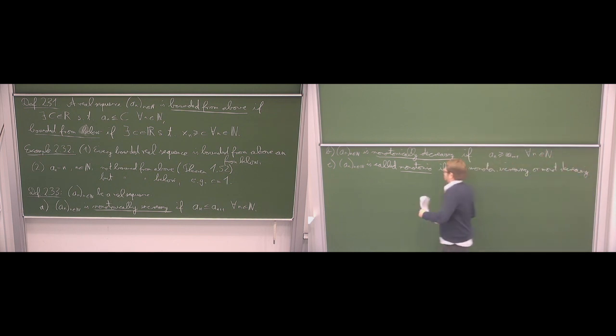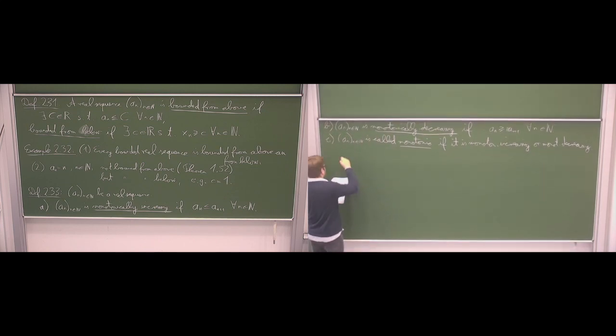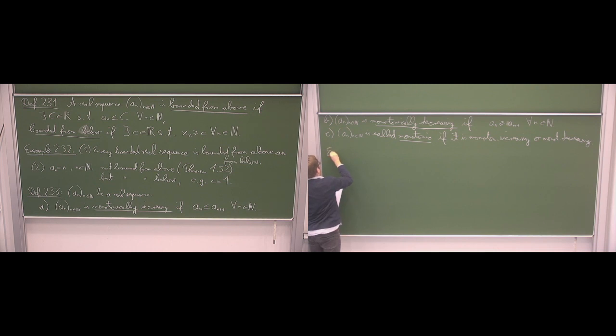Okay, monotonic. This is an important property, and there are many sequences that we've already seen that are monotonic in some sense. So let's give some examples of monotonic or non-monotonic sequences.